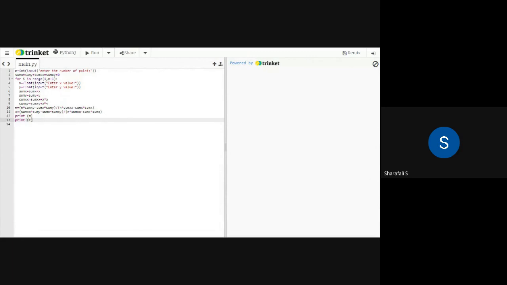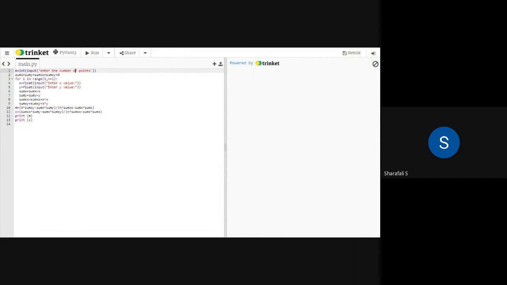I have already written the program here. So n is equal to the integer of input, enter the number of points. You have to give the number of data points available to us in this line, and that is taken as an integer value.